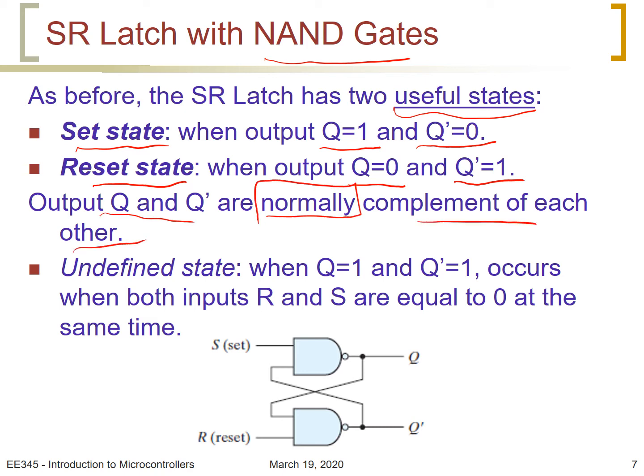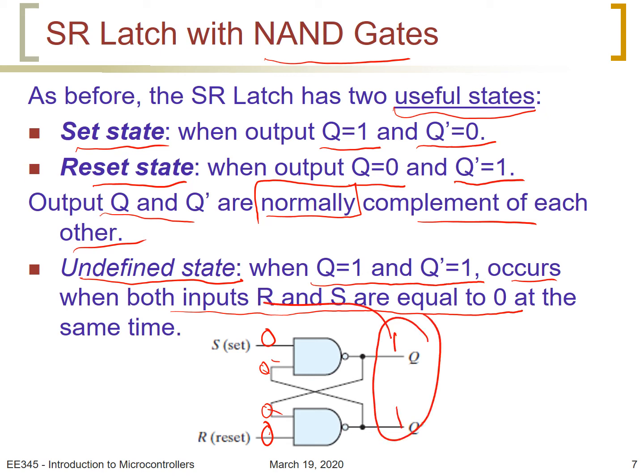And there's also an undefined state that we want to avoid, which is when Q is equal to 1 and the Q prime is equal to 1, and it occurs when both inputs are equal to 0. So if this is 0 here and this is 0, it doesn't matter what is a Q prime and what is a Q, this will become 1 and this will become 1, and this is the undefined or undesirable state that we would like to avoid.